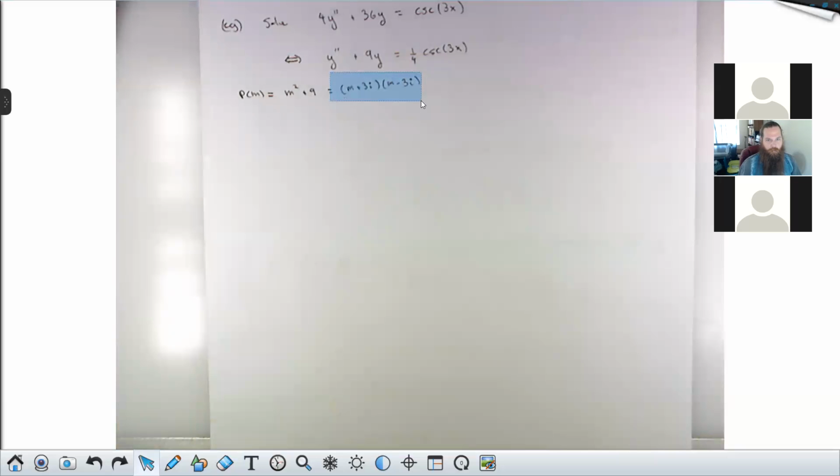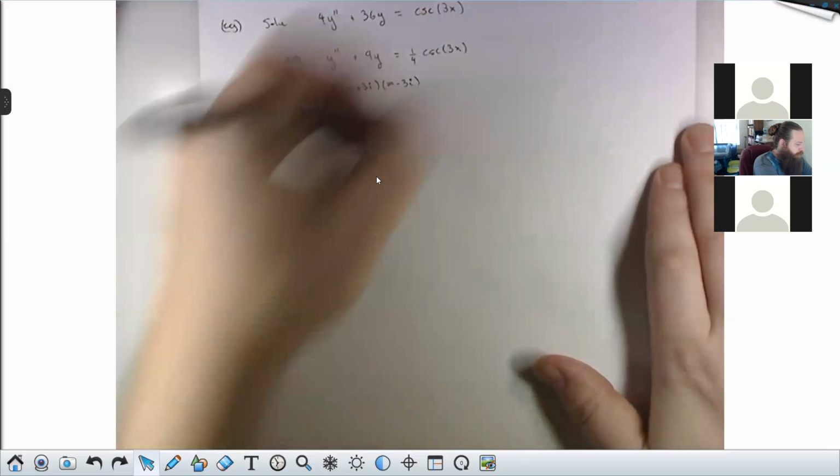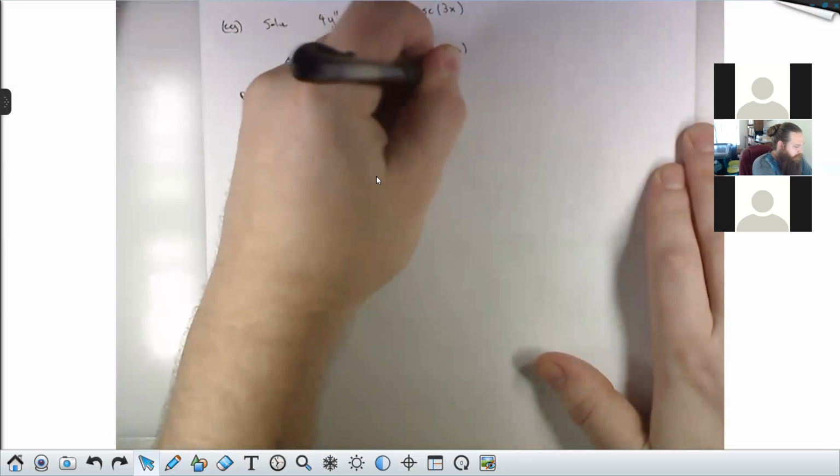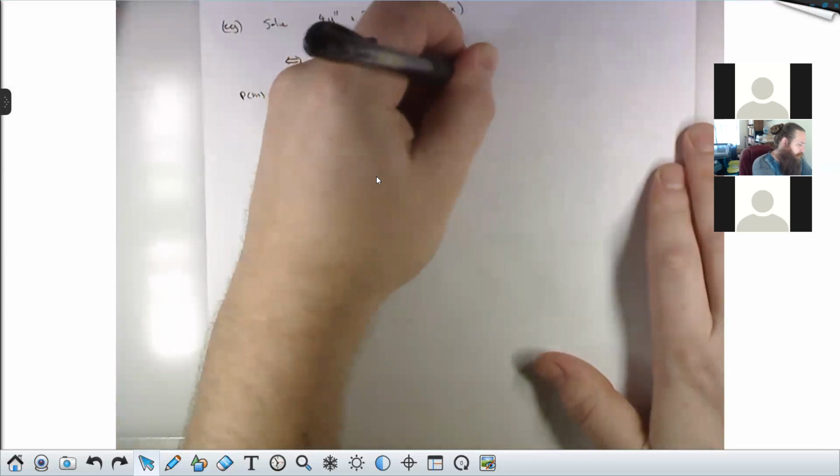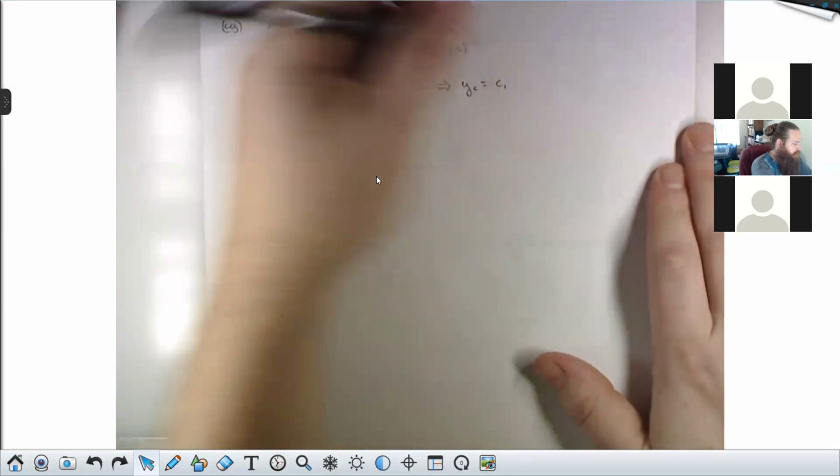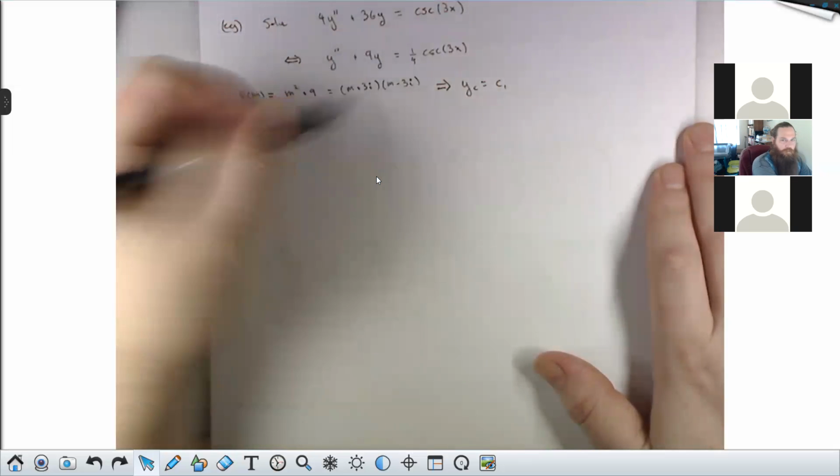Everybody comfortable with this step? We just want to find the roots of this guy. So I can think of this as m squared minus -9, and then the square root of -9 is 3i. So your complementary solution is going to be C1... There's no real part of this complex number, right?